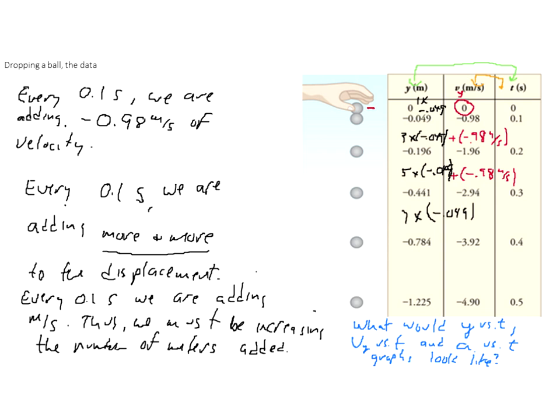A constant slope means for every step you take over, you take the same size step down. Not the same size as the step you took over, but whatever that step down equals, the next step you take over, you take the same size step down. Or if these were all positive numbers, it would be the same size step up, but they're negative.